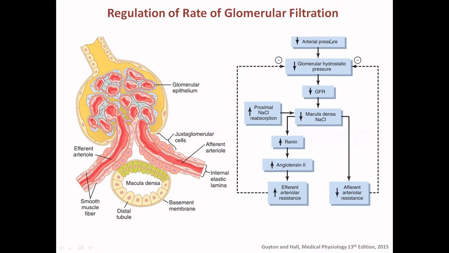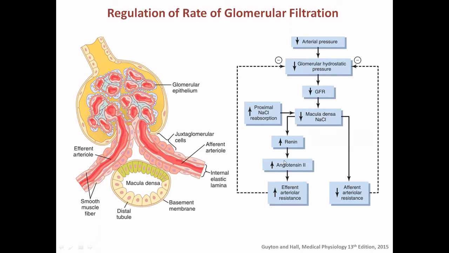So this is the arterial pressure, and glomerular hydrostatic pressure is decreasing, so GFR is decreasing. If the GFR is decreasing, in the macula densa cells there will be less sodium. When there is less sodium, the secretion of renin will increase.